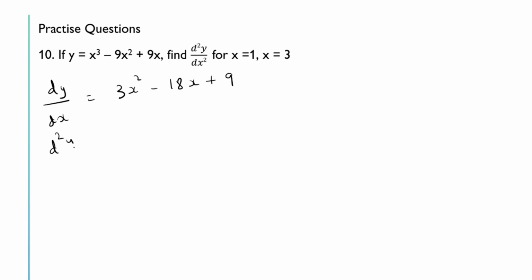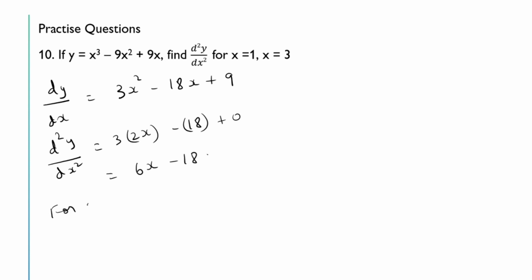Then d square y by dx square is equal to, when we differentiate x square, we get 2x; minus 18x, we get minus 18; plus 9, it is 0. So this is equal to 6x minus 18.